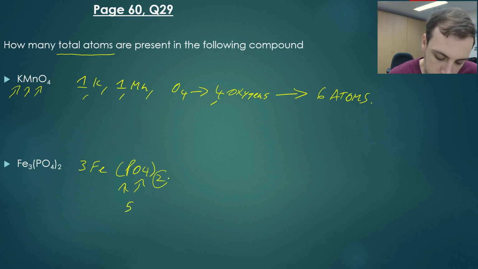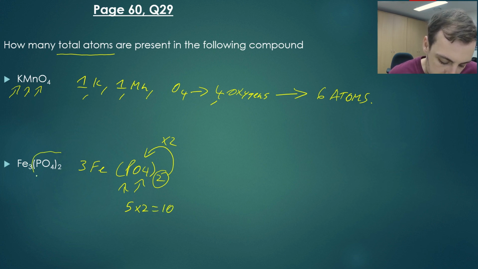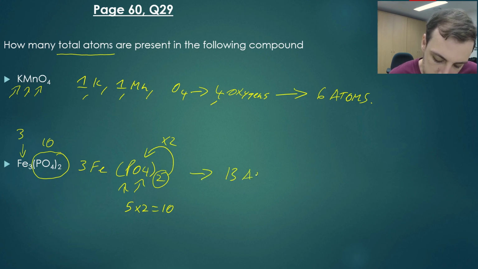Because we've got our little subscript here, all of this is times 2. So that's going to be 5 times 2, which equals 10. So here we have 10 atoms, and here we have 3. So we're going to have 13 atoms total.